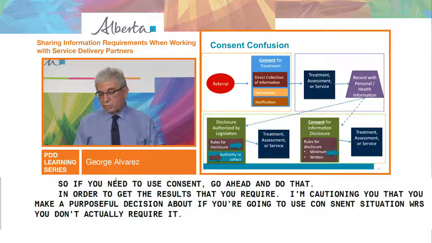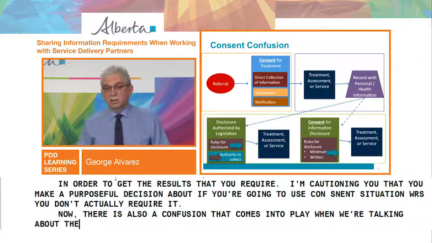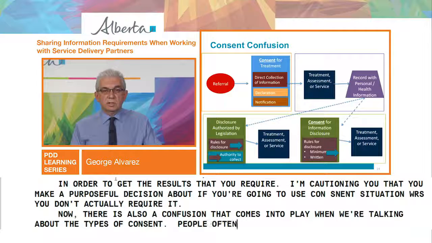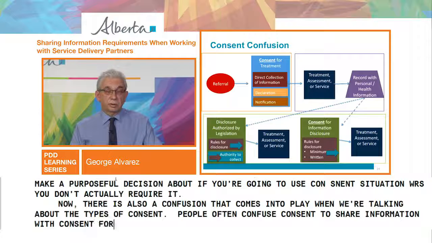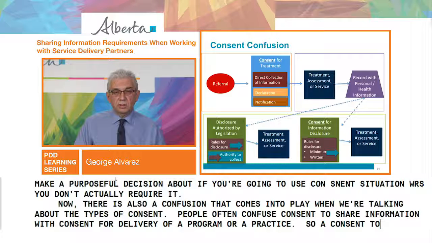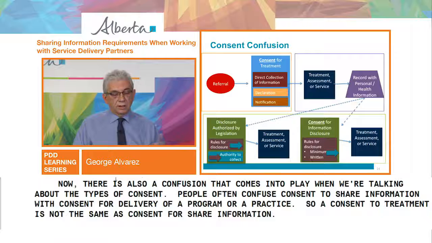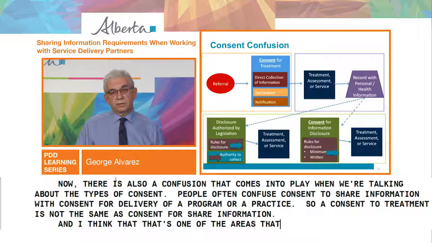Now, there's also confusion that comes into play when we're talking about the types of consent. People often confuse consent to share information with consent for delivery of a program or a practice. So a consent to treatment is not the same as consent to share information. And I think that that's one of the areas that people get very confused about.